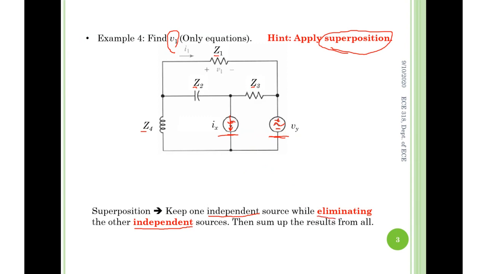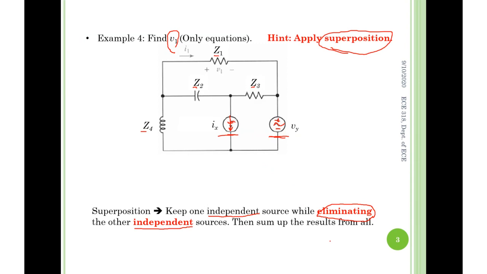The second thing is, what does it mean by eliminating? How do we eliminate? Anyone remember? Short out voltage sources and open current sources.